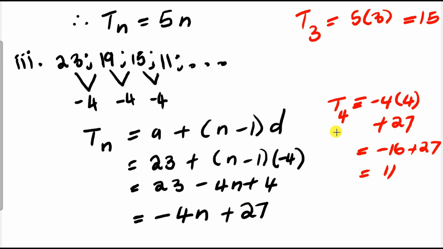Right? So this is how we find our general term. When the question asks you to find the fourth term or whatever term, where there's n, you just substitute that value that you are given into your general term and you solve for the unknown. Okay, all right.